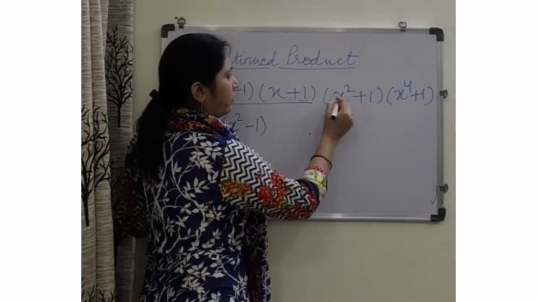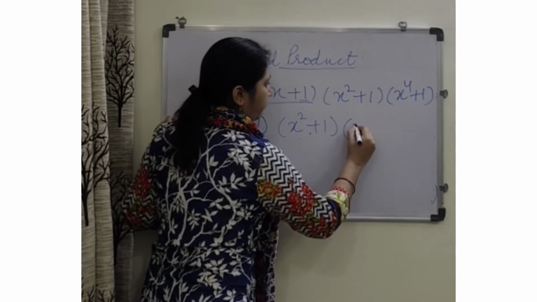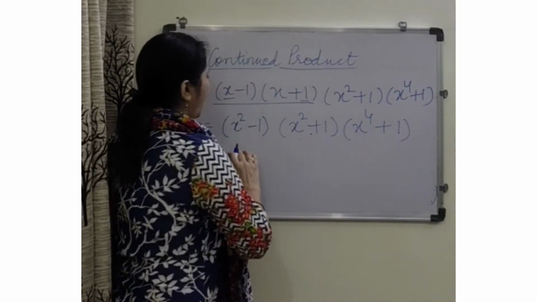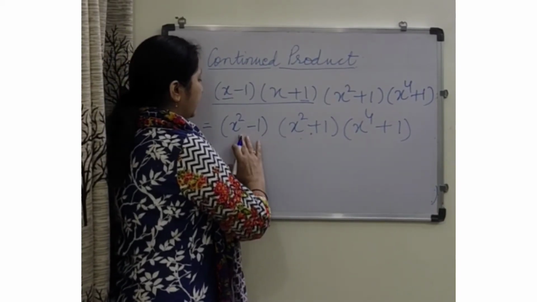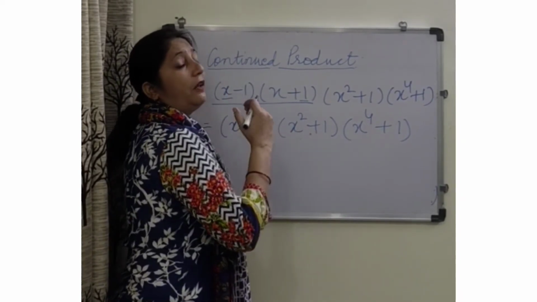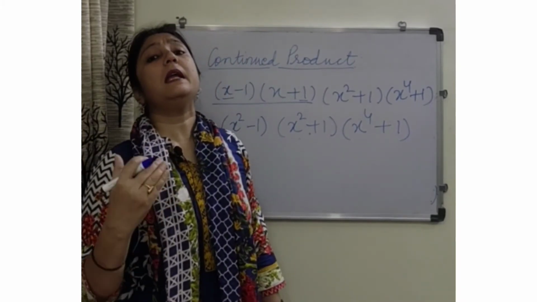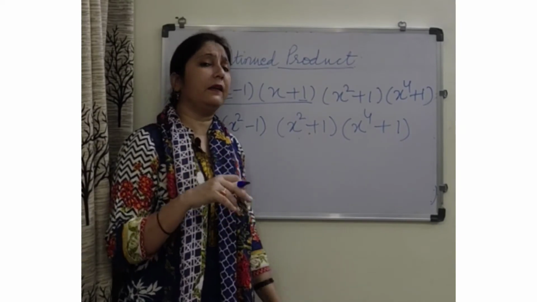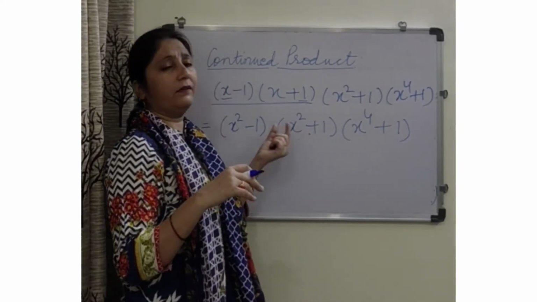Two brackets are resolved. Now the third one is x square plus 1 and next is x to the power 4 plus 1. Now again children, you can easily see these are two brackets having the same terms but different sign. Again we will make use of the identity a square minus b square, but now our a is replaced by x square and b is as it is, 1.